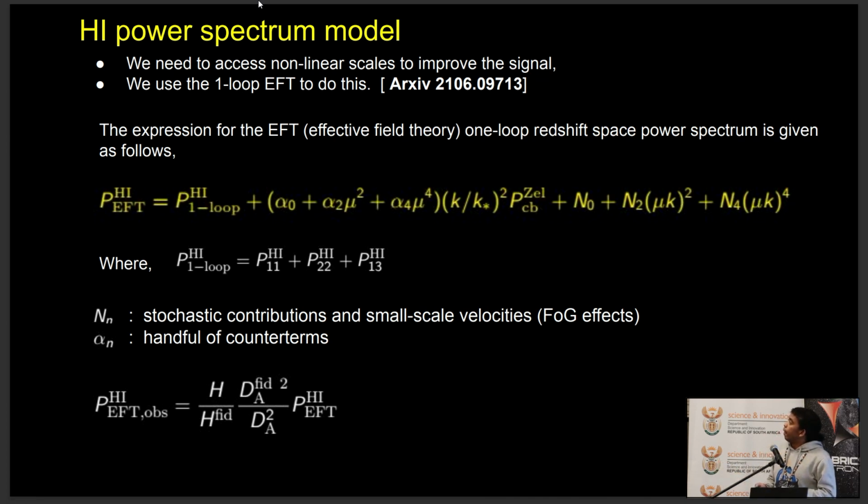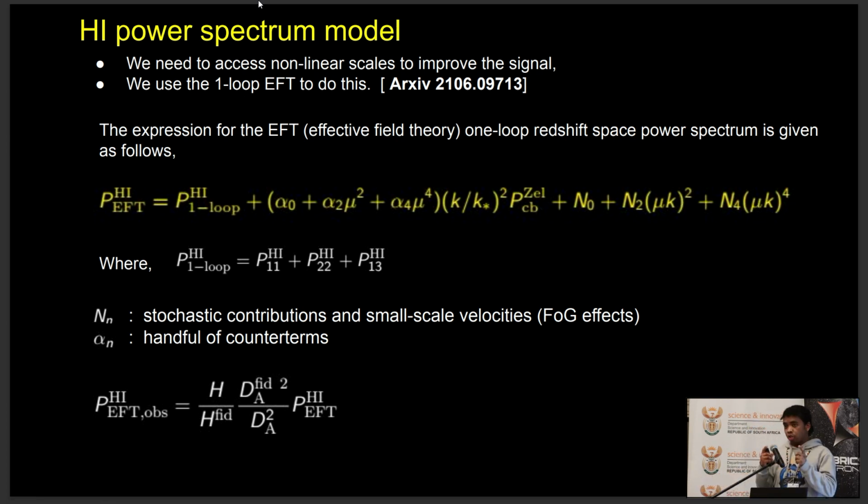Those are the handful of counter terms which absorb the divergence of standard perturbation, as I mentioned, and we also add some free parameters that mimic the finger of God effect, which is the effect of infalling velocity at very small scales due to the random fluctuation.